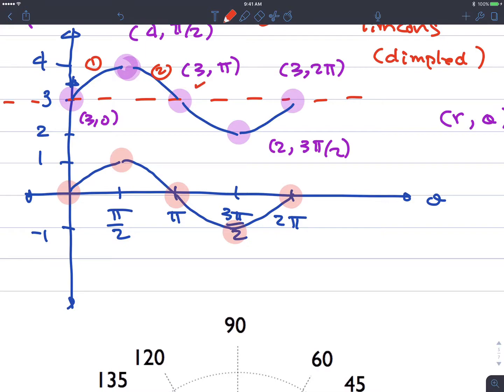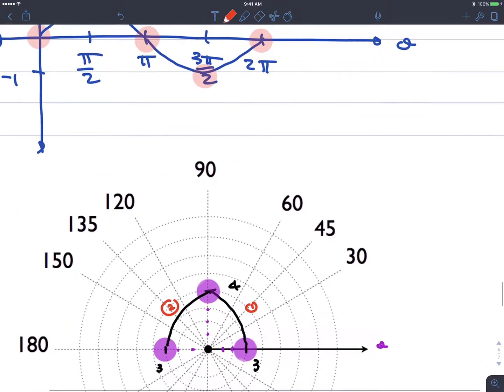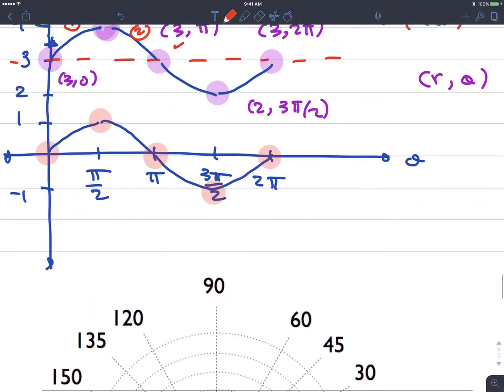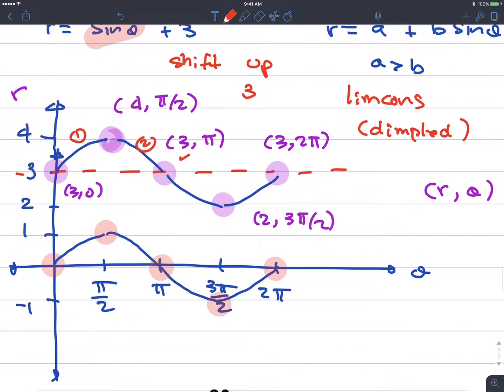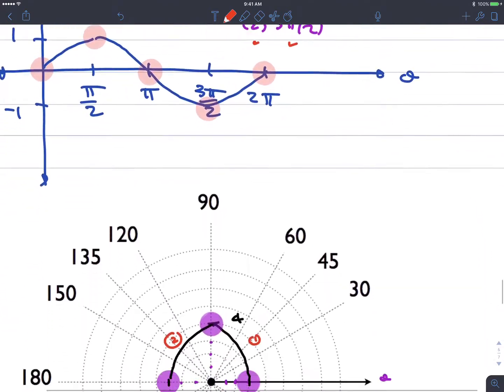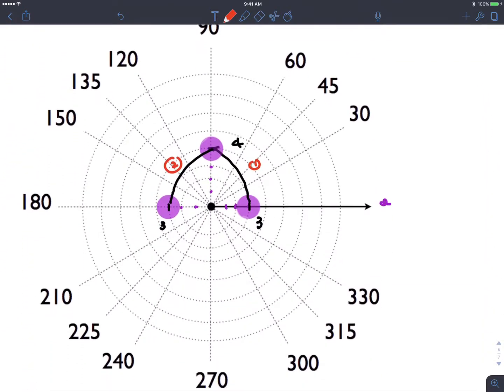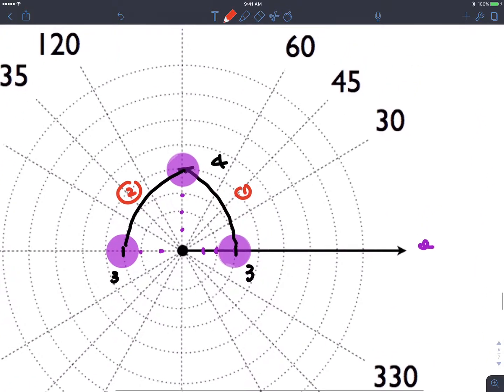Okay, anybody have any questions on this one? What's the next angle we consider? 270? 3 pi over 2? So at 270, what's my radius? Right here, is that right? My radius is 2? Okay. So 270 degrees looks something like this.